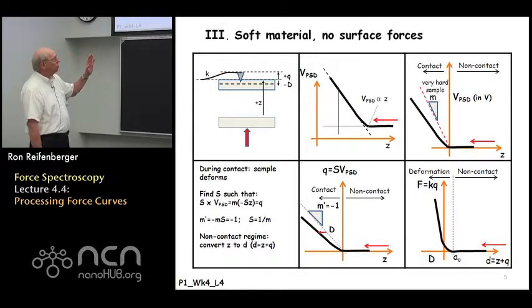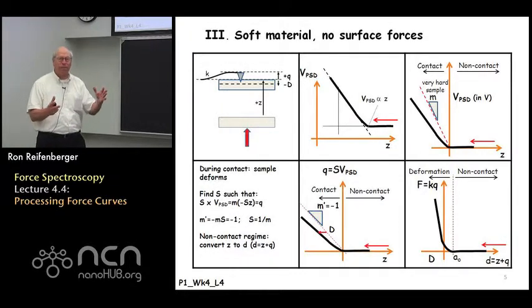What we've done here is we've made a distinction between a non-contact regime and a contact regime. When you're in the contact regime for a soft sample, you're basically plotting the deformation of the sample versus d, right? And not the tip sample gap.